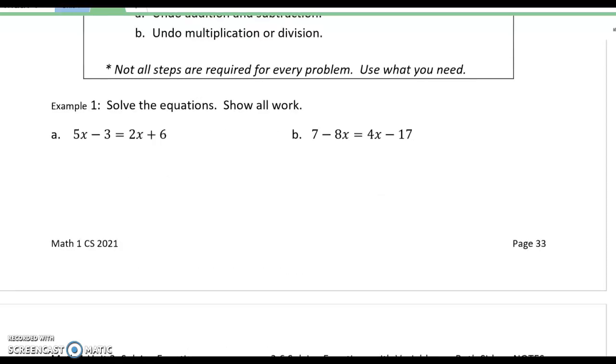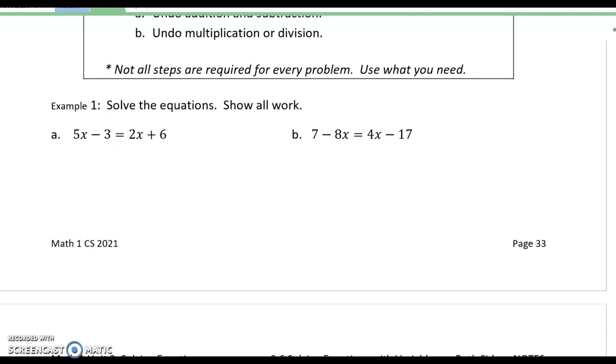All right, so take a look at example number one. So now we have equations where there are variables in more than one spot. And here we have variables in two different places on opposite sides of the equal sign. Again, we're thinking about the three steps that we mentioned a few seconds ago.